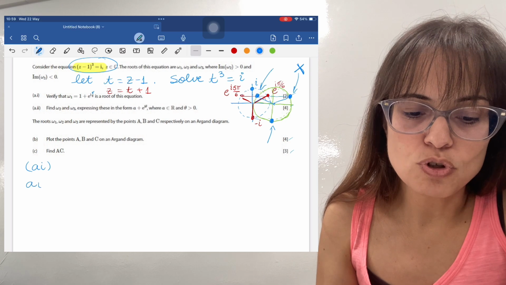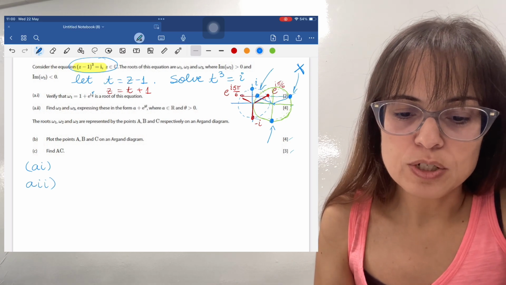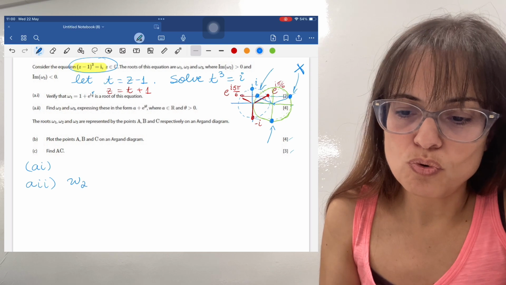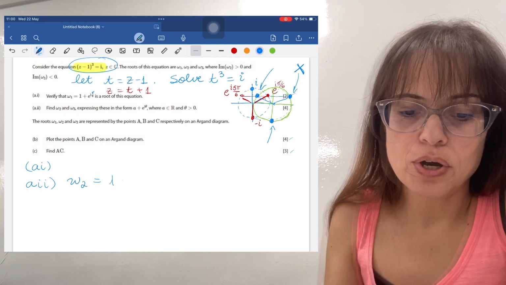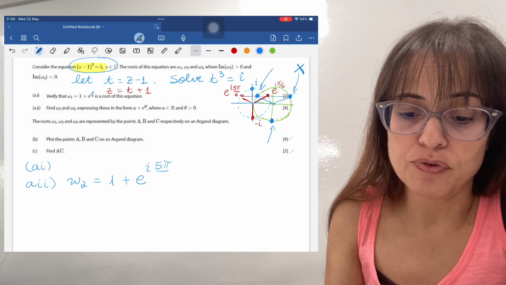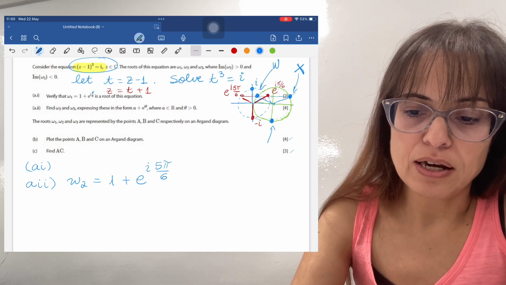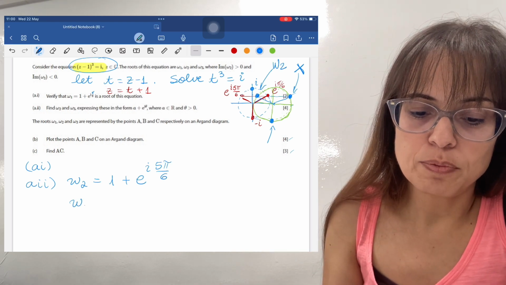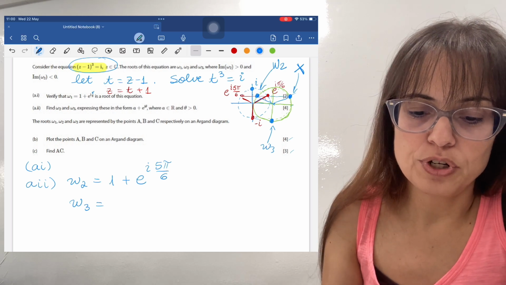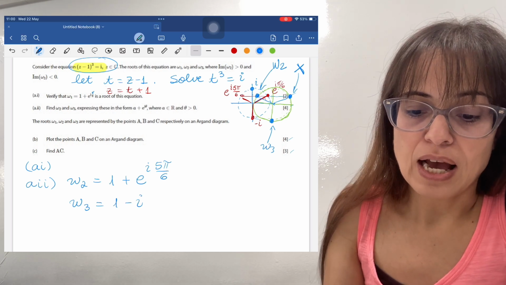Find w2 and w3, expressing them in that form. Okay, so w2 is going to be 1 plus e to the i 5 pi over 6, which is that other point over there. And w3 is going to be the final one down here, which is 1 minus i.